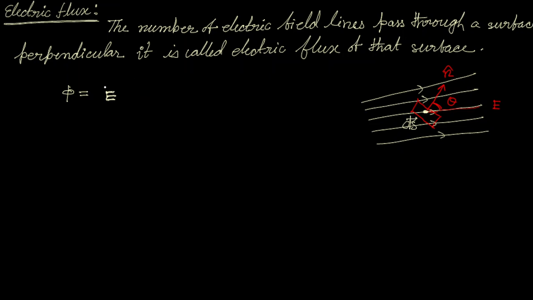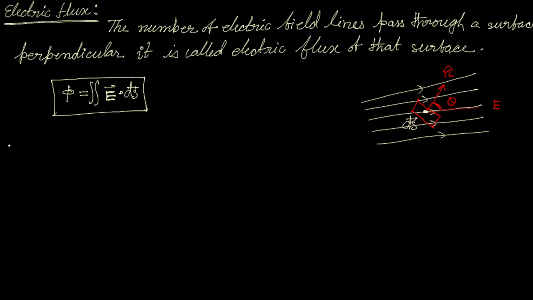We can write simply E dot ds vector, which is the component of the electric field along the direction of the area vector. First we take the dot product, and that gives the flux passing through this elementary area. Then if we integrate over the surface, that gives the total flux through this surface.